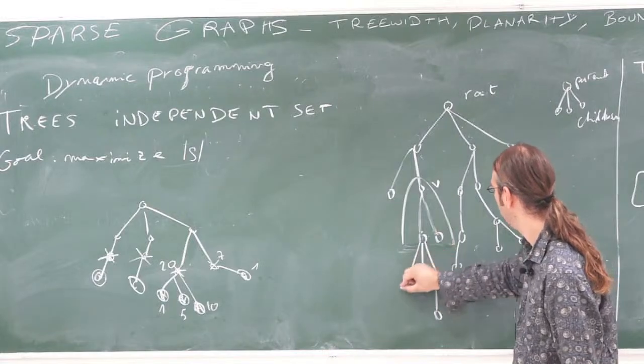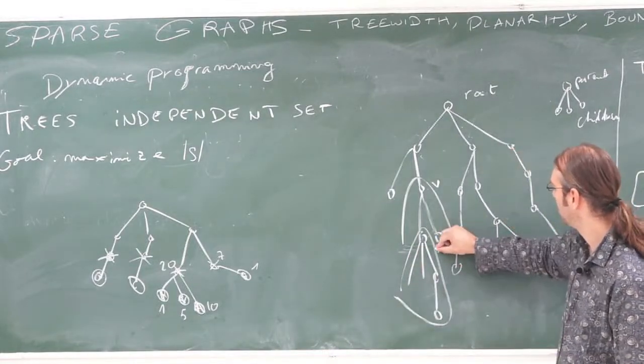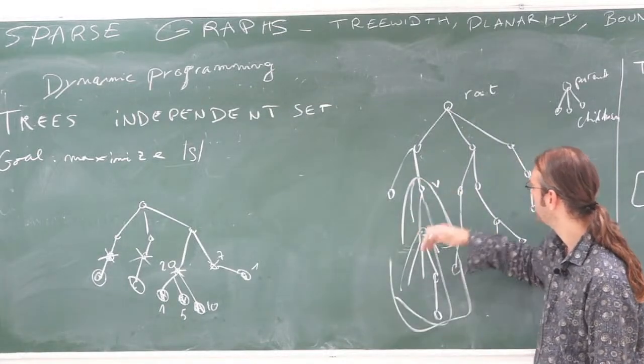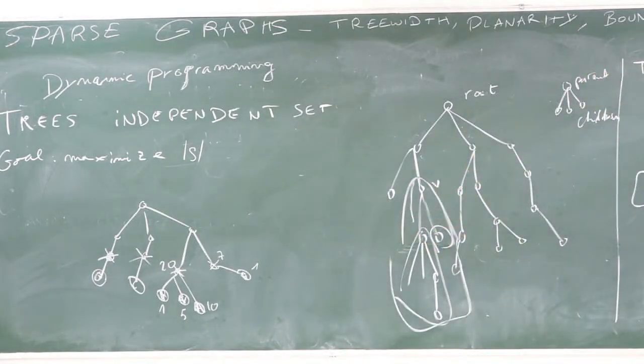Assuming I have computed the children, I will now compute the father for this tree, and you can see that if I'm able to do that at every step, of course, I will reach the root and I'm able to compute the whole thing of the whole tree.